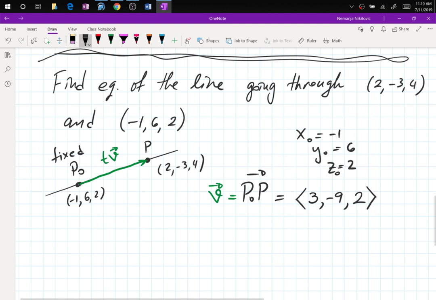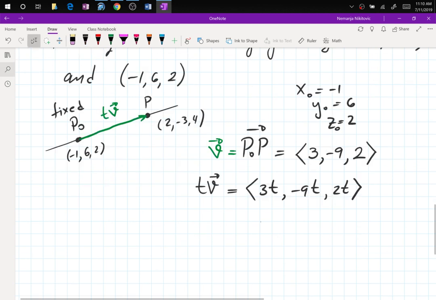Now I have my vector V, which means that I have a tV, because each one of these is multiplied by t. So tV is going to be 3t, -9t, and 2t. So I have my x0, y0, z0, I have my tV. If you look at your equation, you can just write it out.